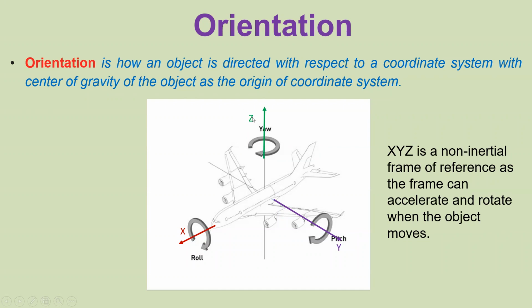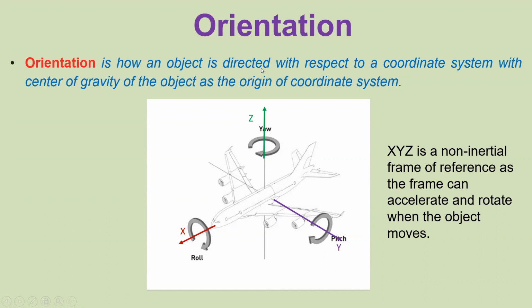So this XYZ axis, which is defined on an object which can move, will automatically become a non-inertial frame of reference, because this XYZ can accelerate. That means this plane can accelerate in a linear direction, or it can rotate about these coordinate axes as given here, right?